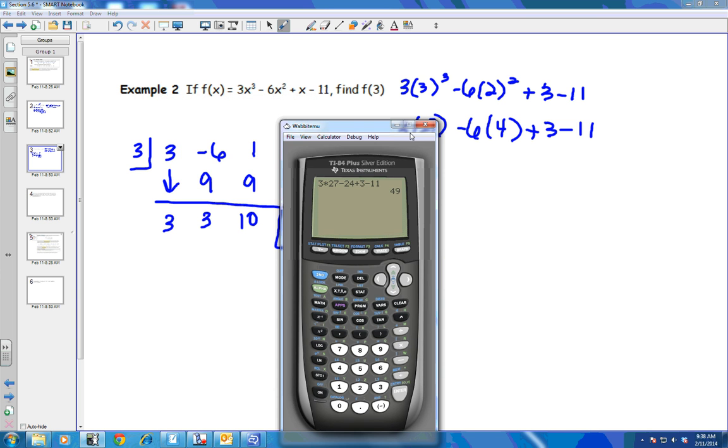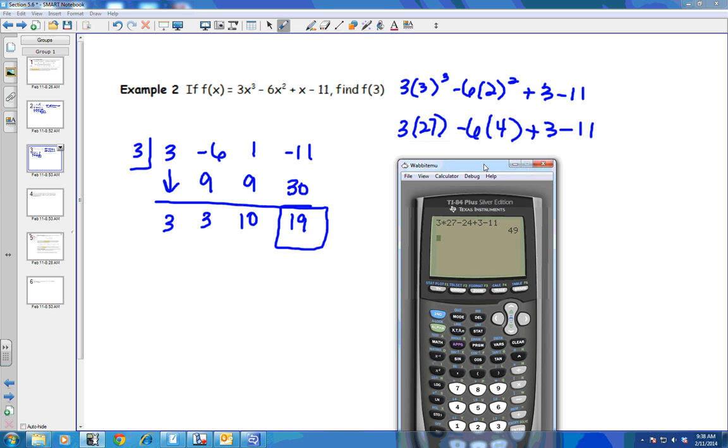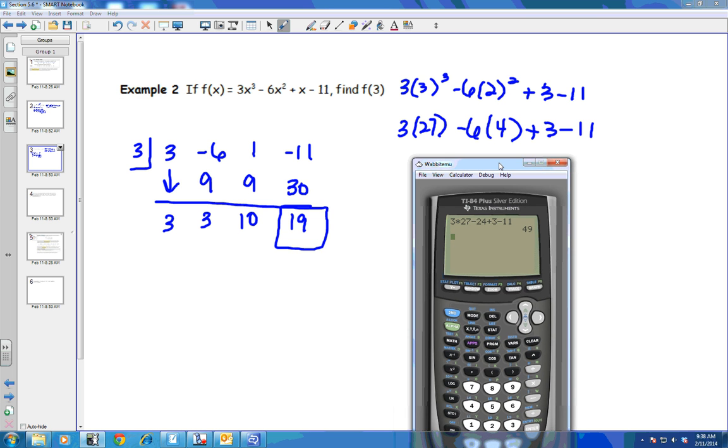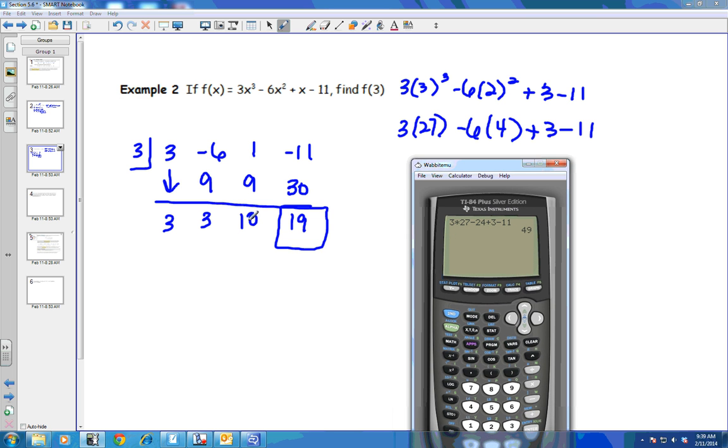Oops, 3 times 27 minus 24. I didn't get the same answer. What did I do wrong? The answer should be 19. So 3 times 3 is 9, 9 times 3 is 27, 27, 4, 3, 11. Do you see where I made my mistake?